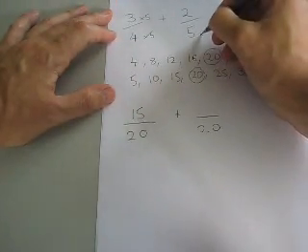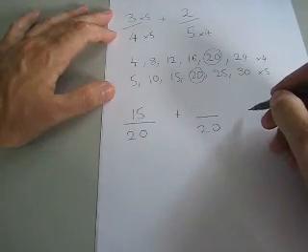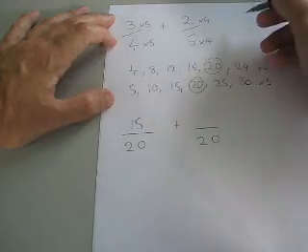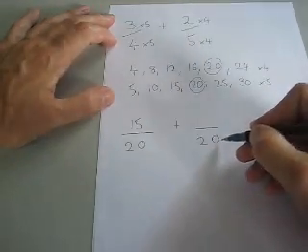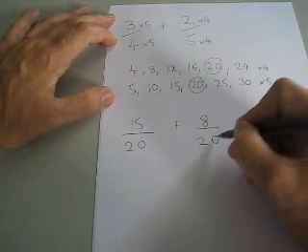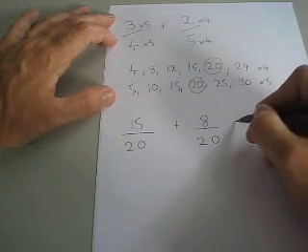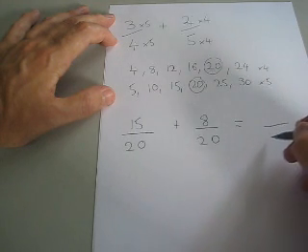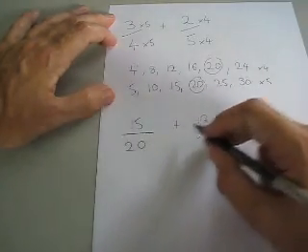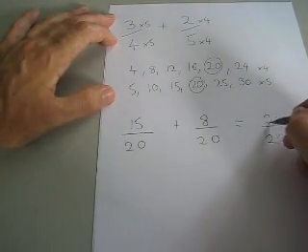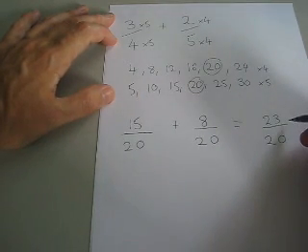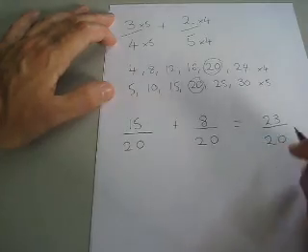Well, that's times 4. So I have to do the same to my numerator. Times 4. So I've got 5 times 4 is 20, 2 times 4 is 8. Now I have a common denominator. I can add them. So 20 down here, and 15 plus 8, 23. So I do have an improper fraction, but my answer is correct.